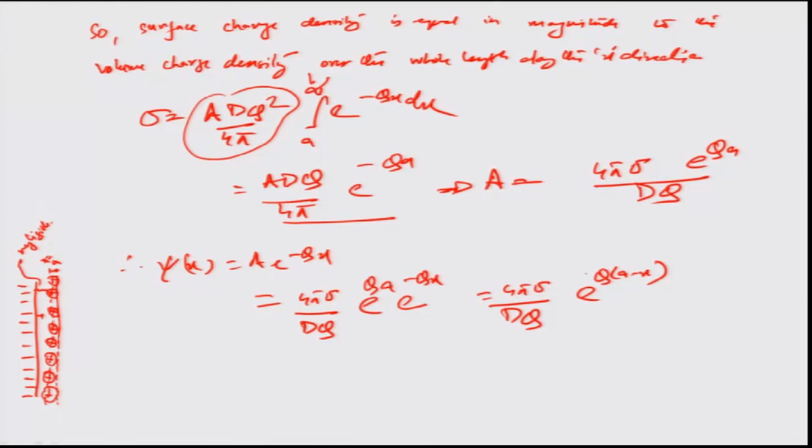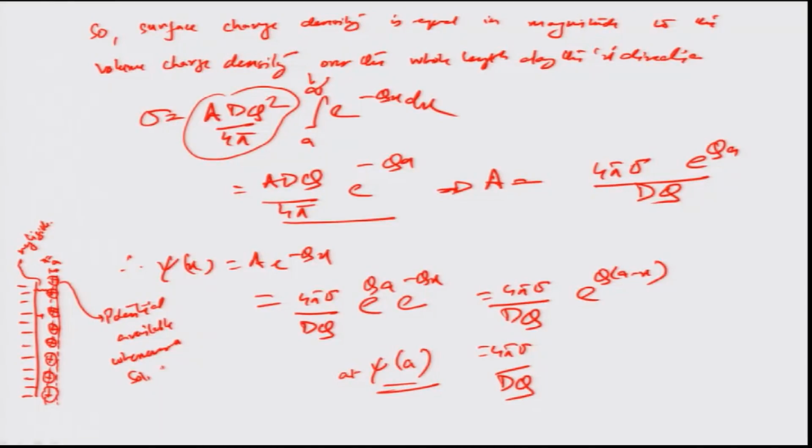So, we get this value here as 4 pi sigma by dq at psi at a times e to the power of 1. So, this actually is the potential available whenever a solution comes in contact with a surface, and we normally call this potential the zeta potential.